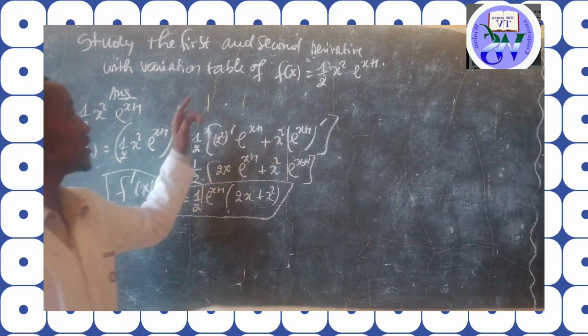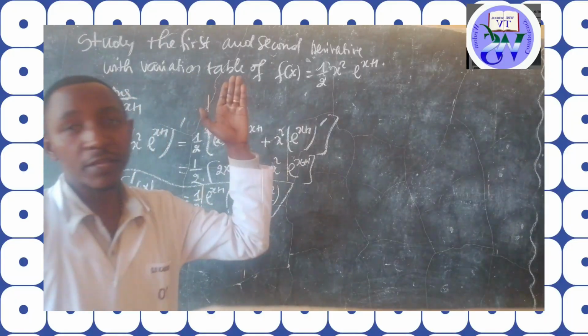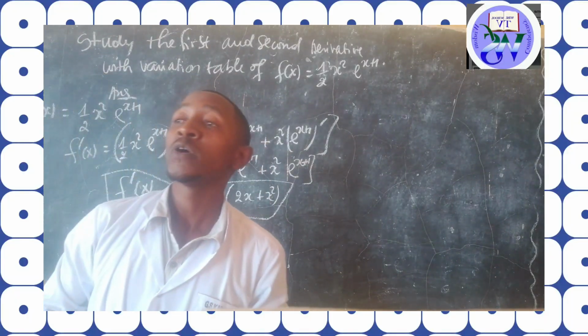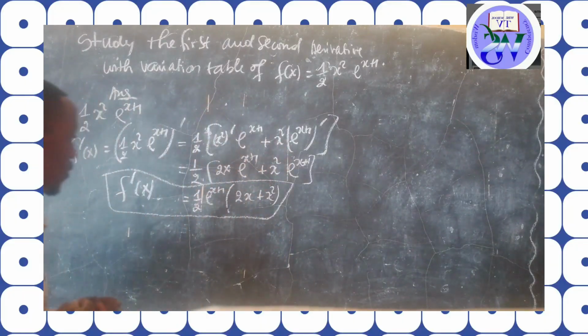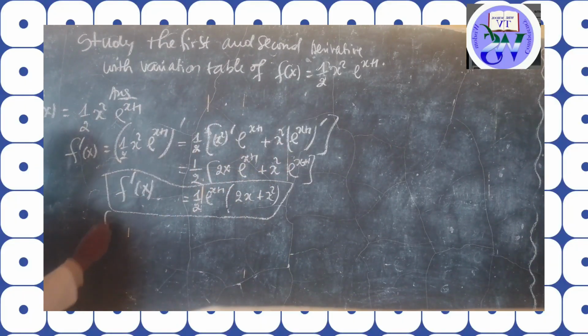Because we need to draw the table of variation, we also find the stationary points, or the roots of the first derivative. So we set f derivative of x equal to 0.